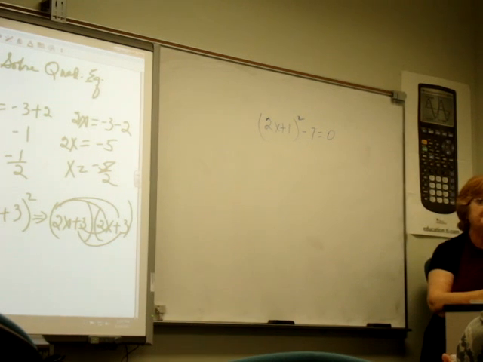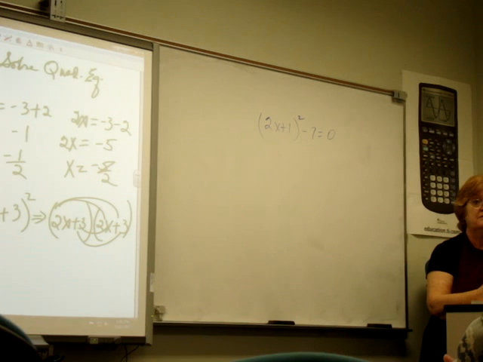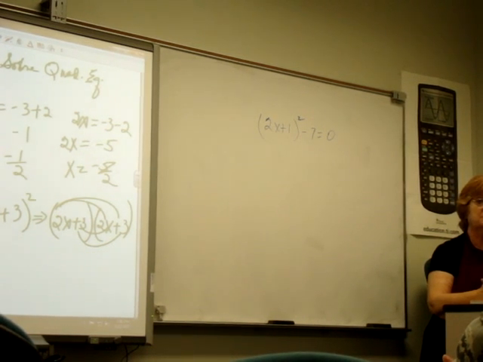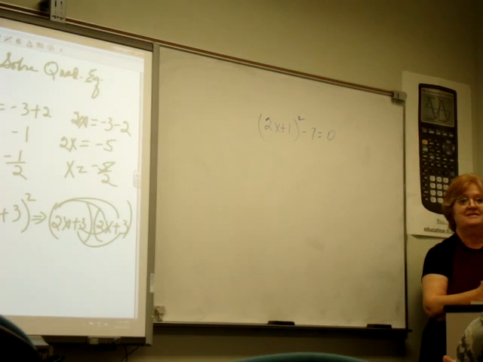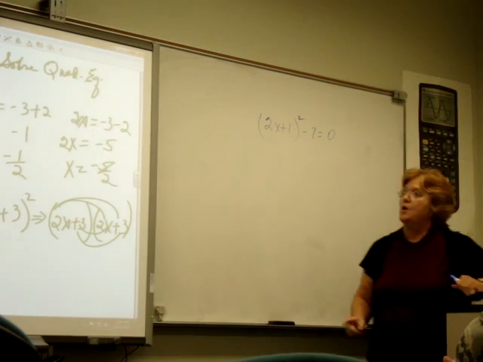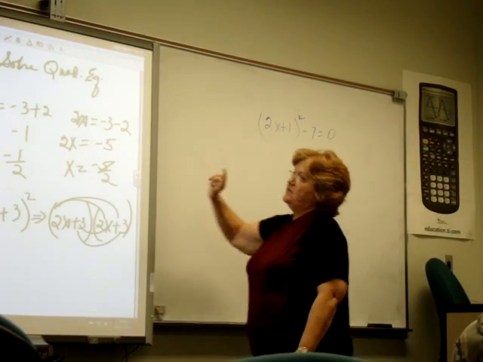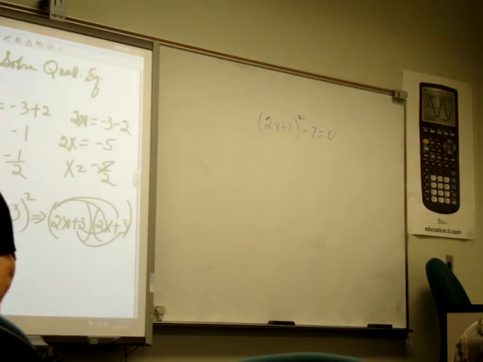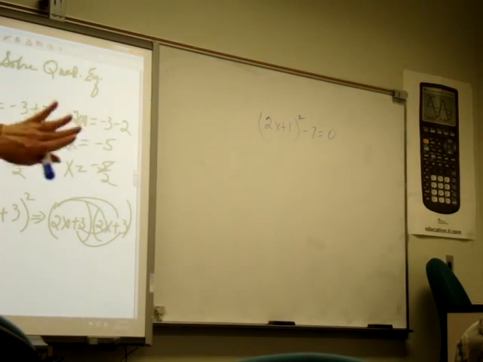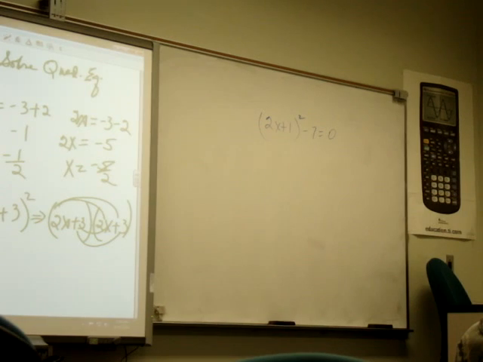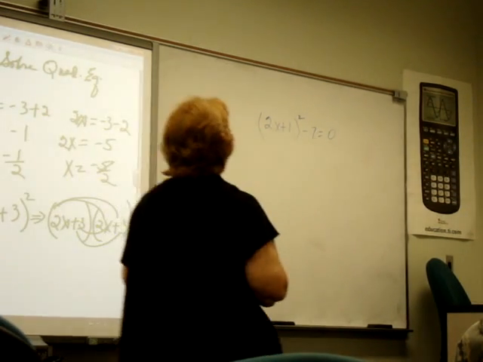Tell us what you say. I don't know. What would you do? Just guess. If you don't know, guess. Square root that first part like you did in the last problem. What is different about this one and the last one? It had a 7. Yeah, you got to separate what's squared. You got to separate it. So what is the first thing you're going to do? Add 7.